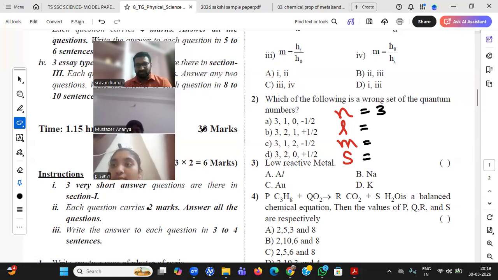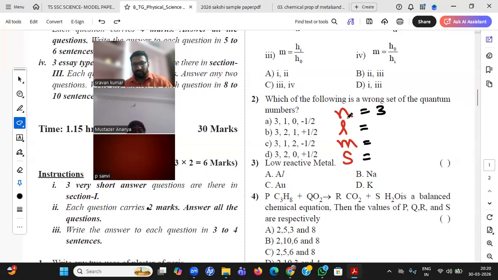Right answer. Yes, Ananya, why is three the wrong set, beta? Why is this a wrong set? Sir, if L equals 1, then the only possible values are -1, 0, and +1.